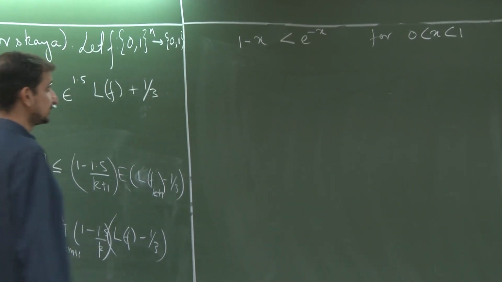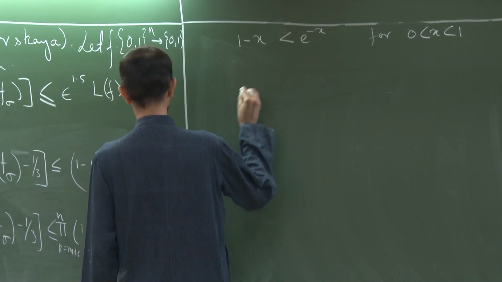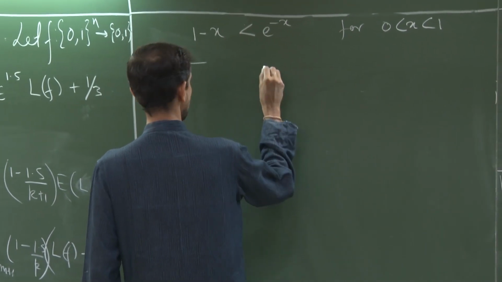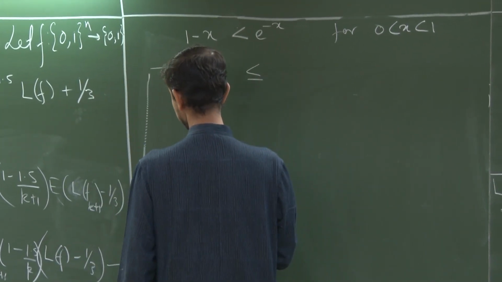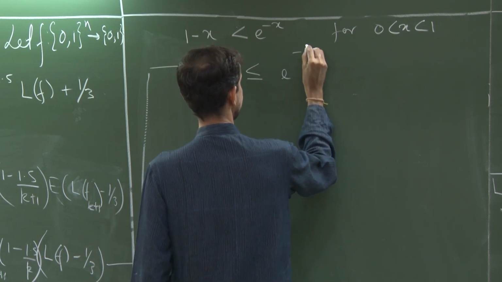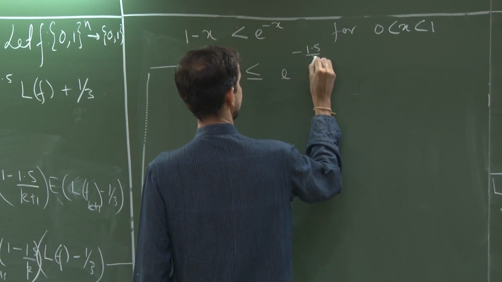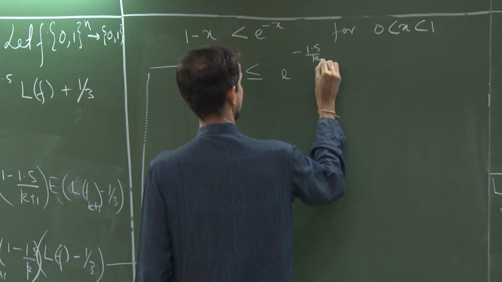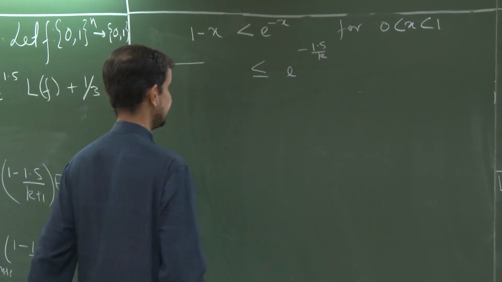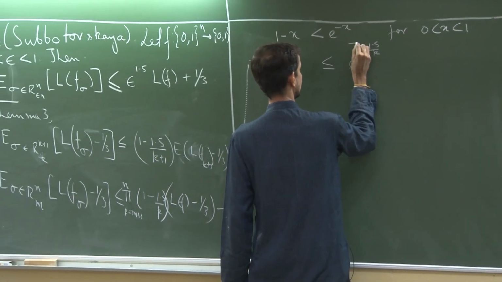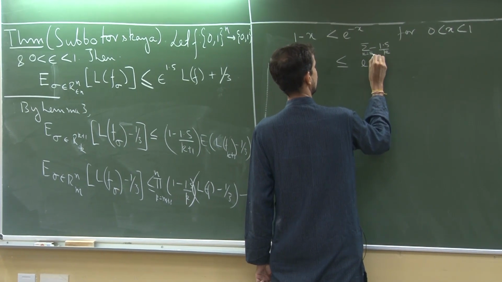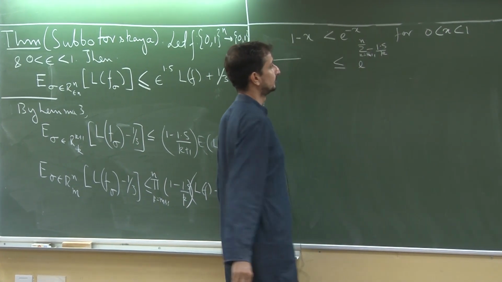So therefore this quantity over here becomes less than or equal to e to the power minus 1.5 by k, and because it is in the exponent now, this is summed over k going from m plus 1 to n.